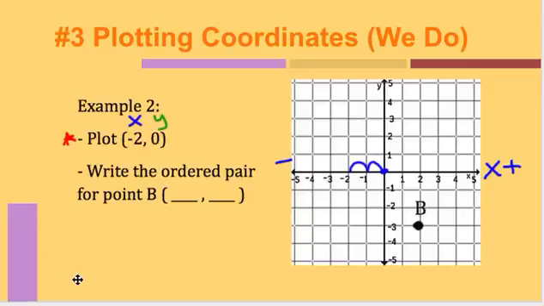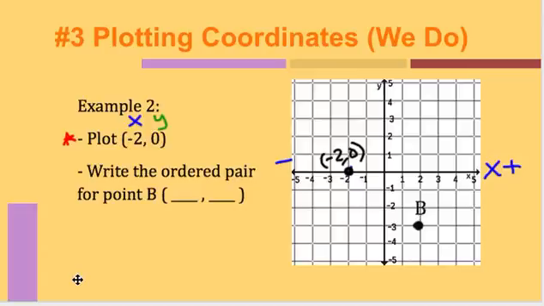Now once I get here, my y value is saying 0. Anything moving up would be positive, anything moving down would be negative, so right on the line is actually 0 for the y value. I'm going to draw my point there. I'm going to erase my little loops, and then there's negative 2, 0.